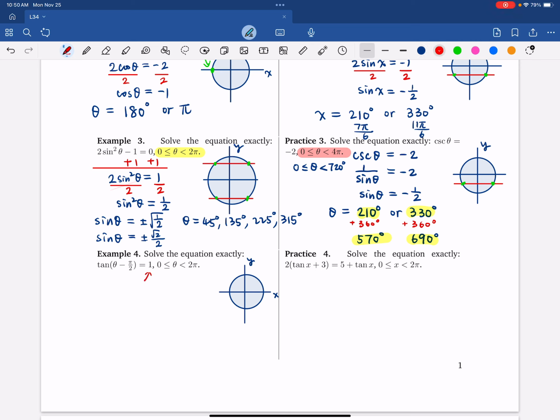So the ratio of the coordinates is 1, which means the x-coordinate and the y-coordinate must be the same. So x-coordinate equals the y-coordinate. And if you look at the graph, the unit circle, you're going to find 2 points.